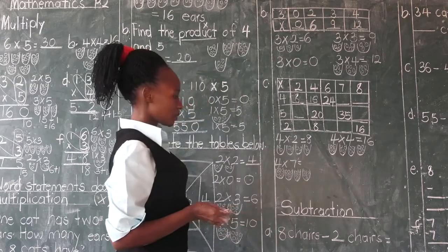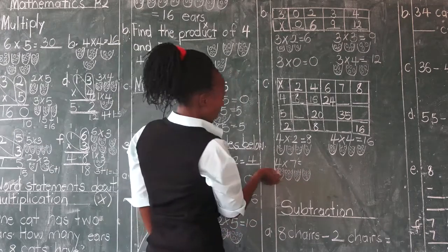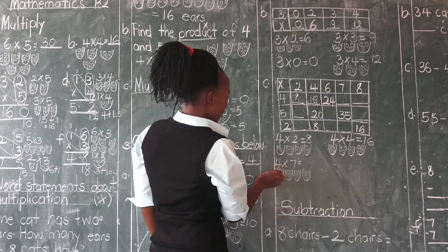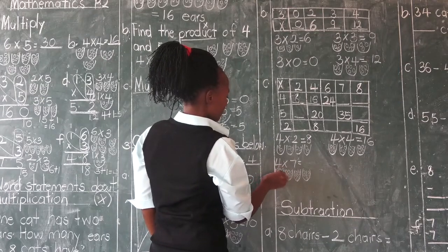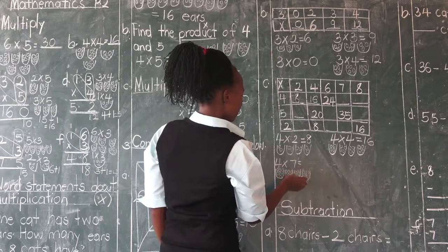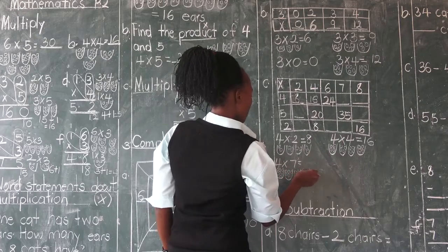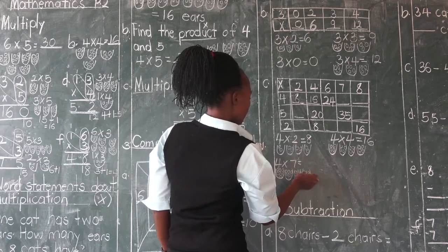Now let's put them together and we see which answer we are going to get. 1, 2, 3, 4, 5, 6, 7, 8, 9, 10, 11, 12, 13, 14, 15, 16, 17, 18, 19, 20, 21, 22, 23, 24, 25, 26, 27, 28.